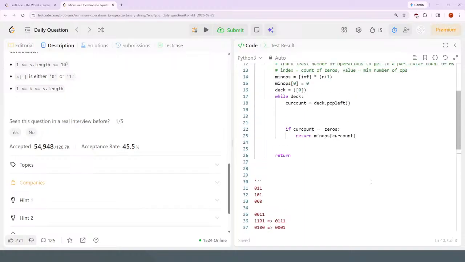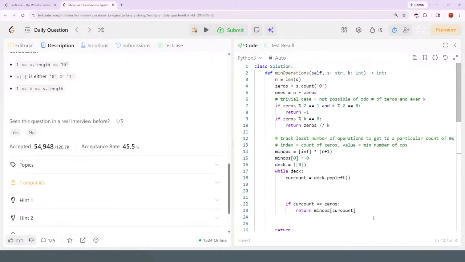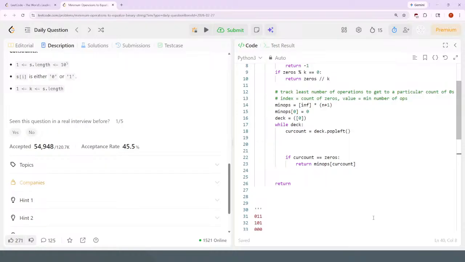K was even. Wonder if it's just going upwards by K each time.